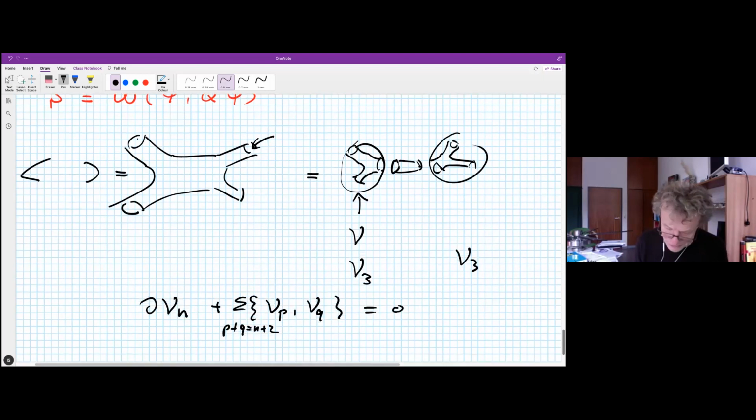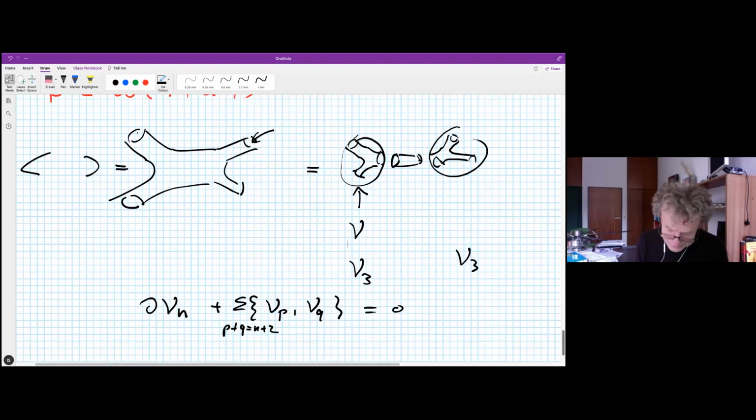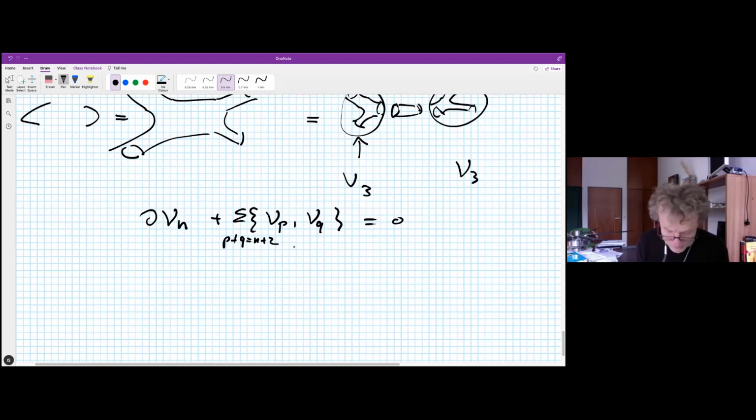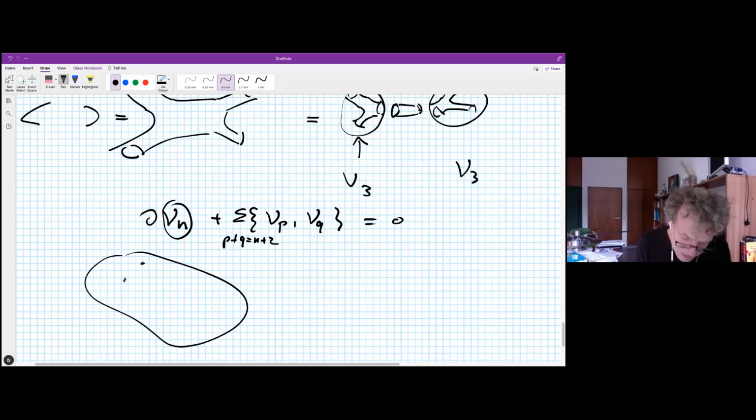What this tells you is that every vertex with n punctures, if you have a sphere with n punctures, you can always decompose this into propagators plus vertices. And what this d here does is it just shrinks the propagator to 0.